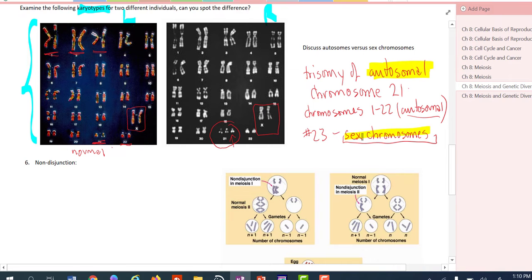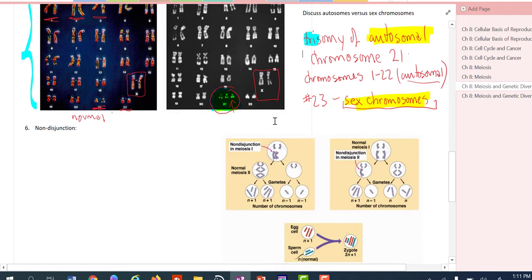So there are some more definitions, basically making sure we understand the difference between an autosomal chromosome and a sex chromosome. In this case, it's pair number 21, and that is an autosomal chromosome. So this is what is called trisomy: 3 bodies, so 1 extra chromosome of the 21st pair. This is a process of non-disjunction.